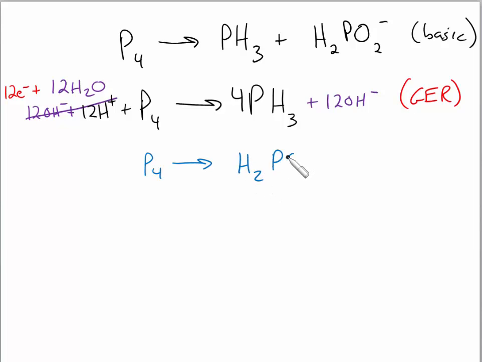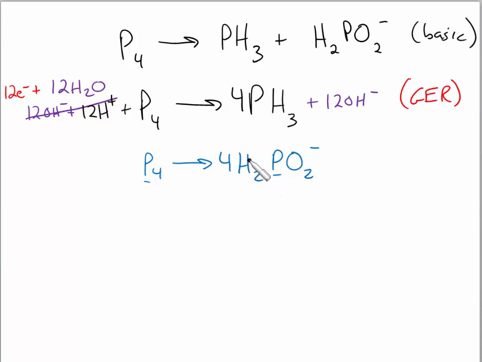And again, all it's saying is that there's a certain number of phosphorus molecules that are going to do this, and there's a certain number of phosphorus molecules that's going to do that. Same deal. We want to balance up, in this case, the phosphorus atoms. There's 4 here. I need 4 in front there.